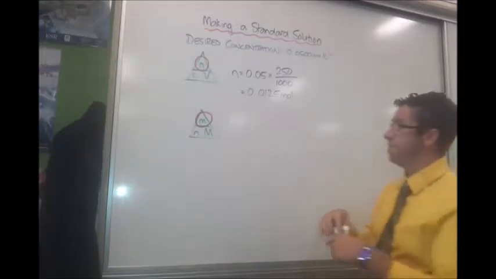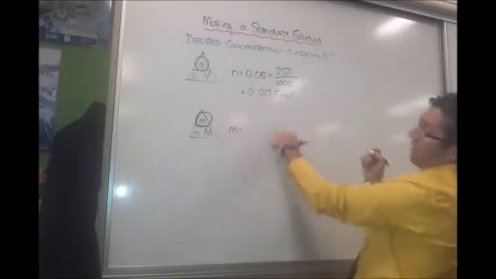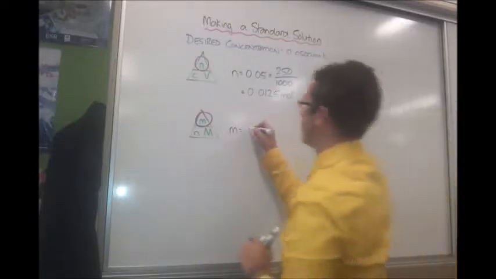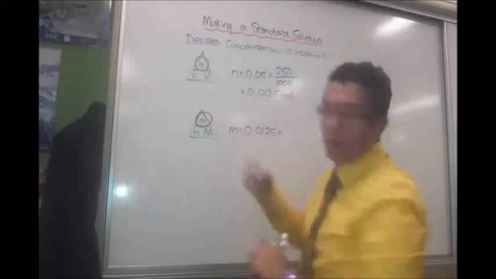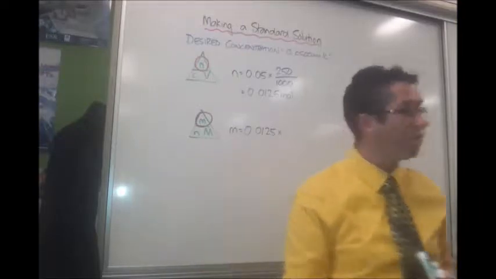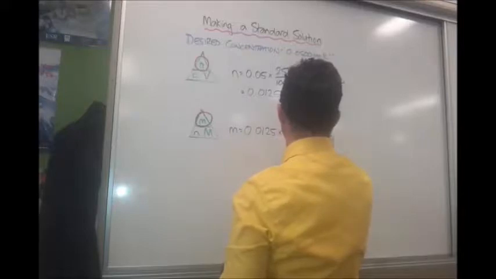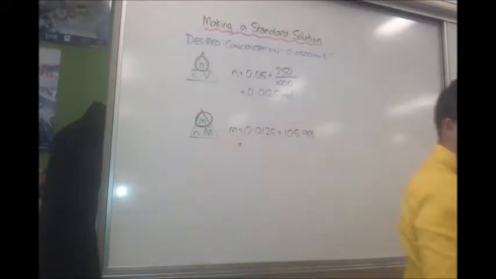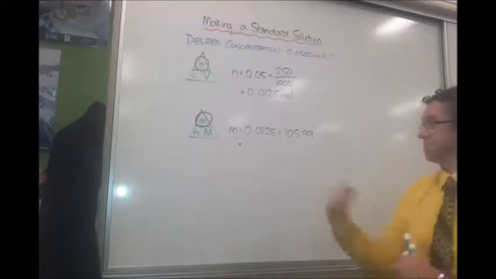So I go mass equals little n, which I take from there, and my molar mass is actually written on the container, so it's quite convenient. And it says it's 105.99. So I do that. And it comes to 1.32 grams.